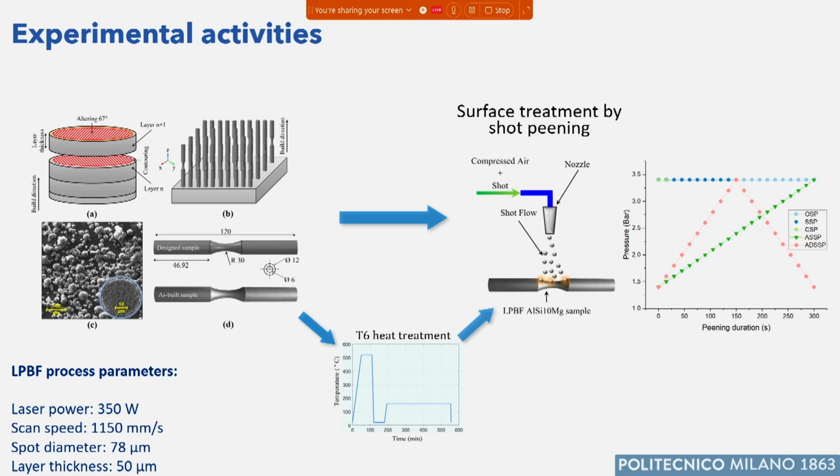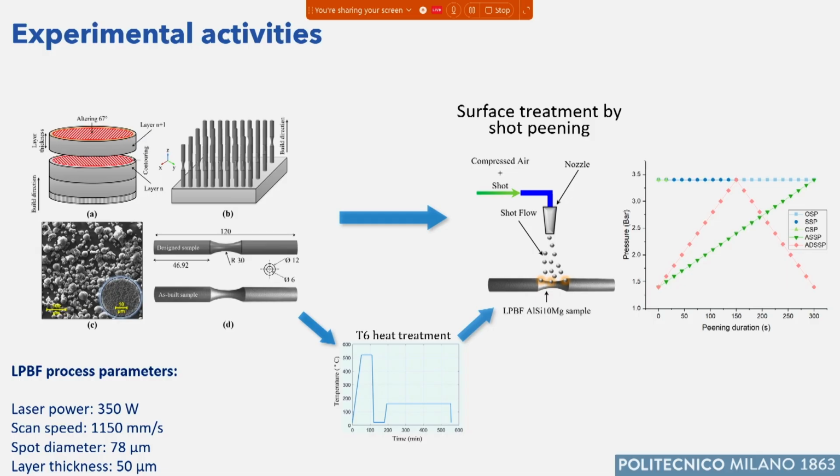This is the experimental activity. This is quite similar to what I showed yesterday, talking about the smooth sample obtained by LPBF. Okay, the construction is the same, so the parameters of the laser machine are the same, 350 watts is the power and so on.